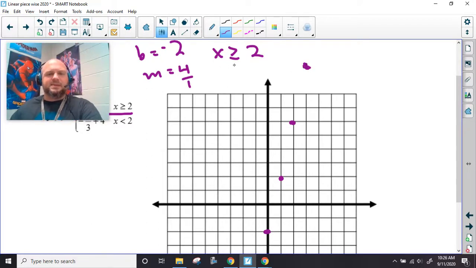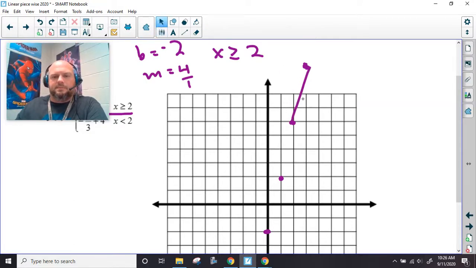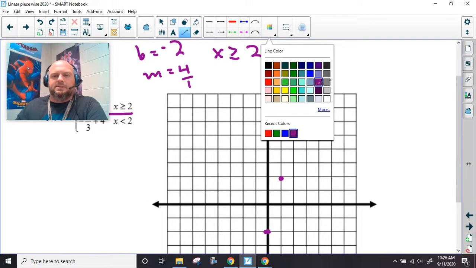But here's my rule: x is greater than or equal to 2. Well, here's where it's 2. So I'm actually just going to slowly connect this line to this line. Well, that was horrible. Please use a straight edge, it's so much easier.